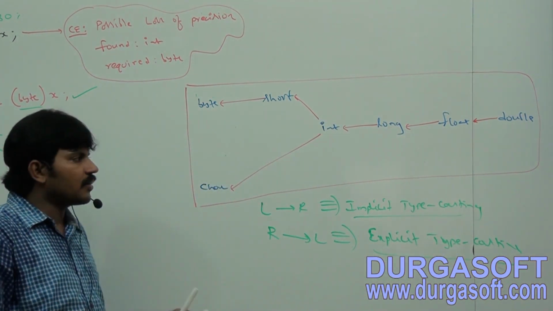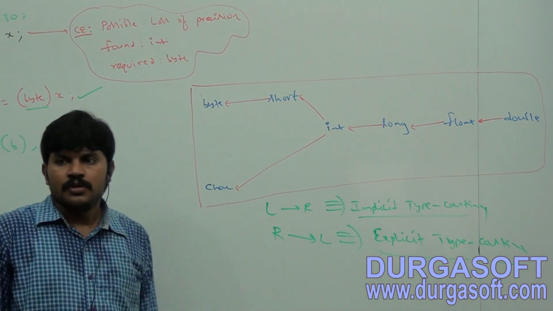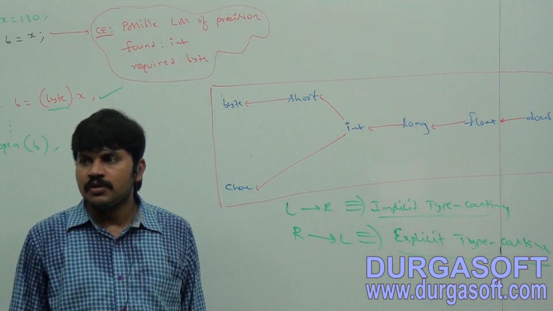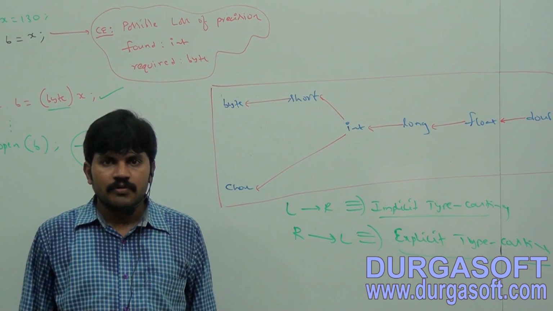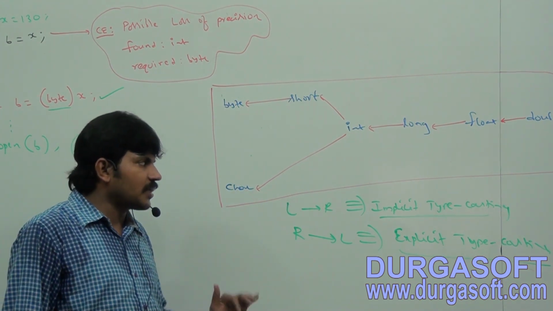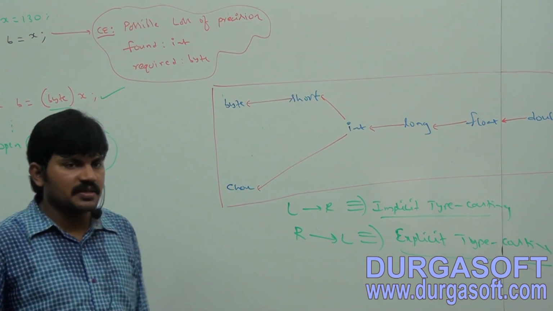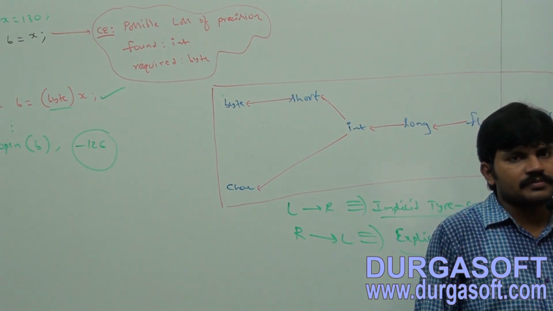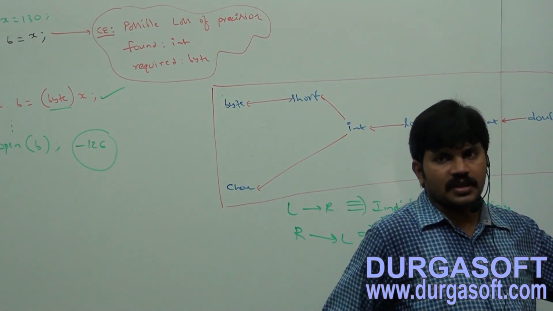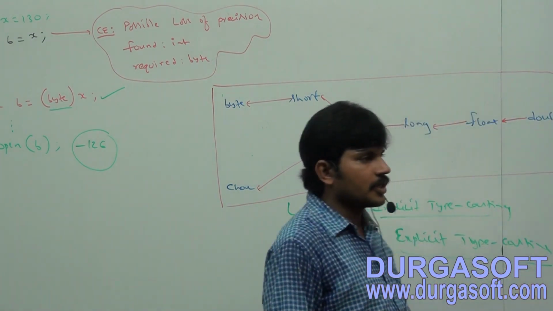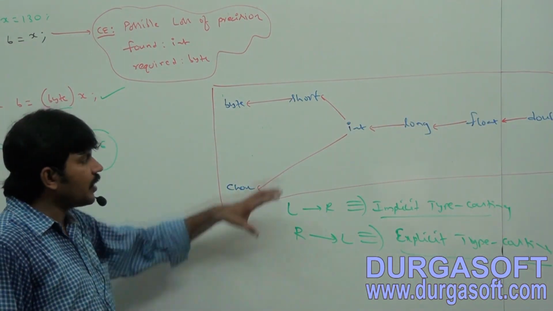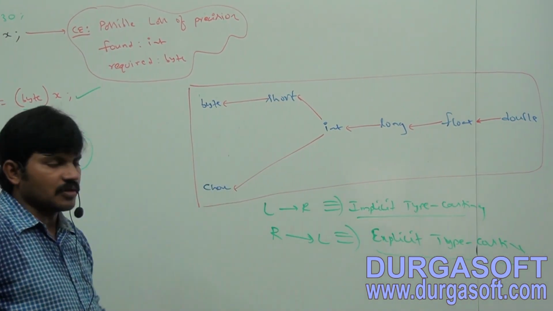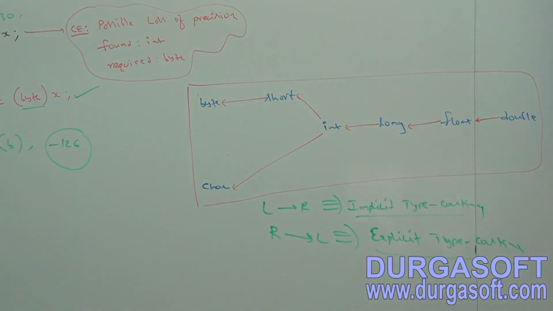The following are various possibilities where explicit typecasting is required. Take this diagram under these things also. So I hope this one got completed.